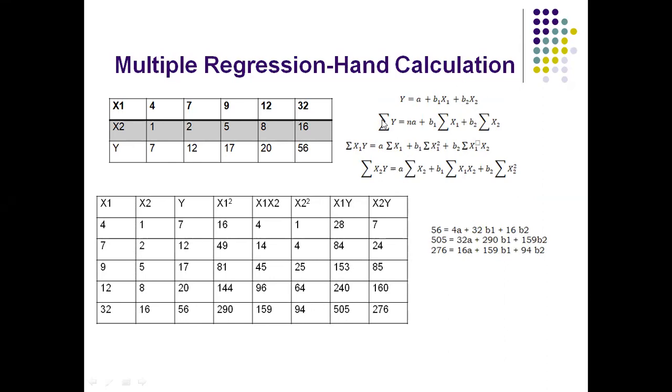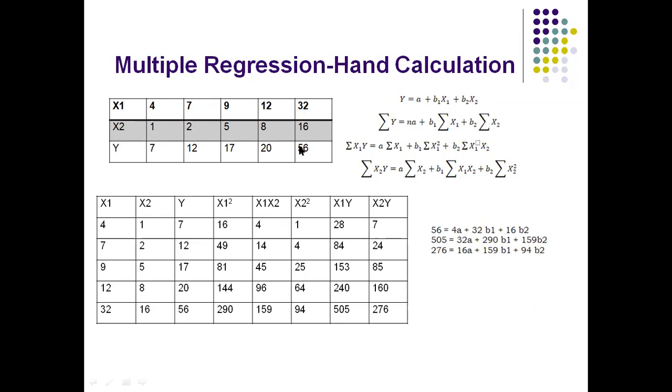The summation of y is 56. So 56 equals n times a, how many observations are you having? 1, 2, 3, 4. I'm considering only the 4 data points.